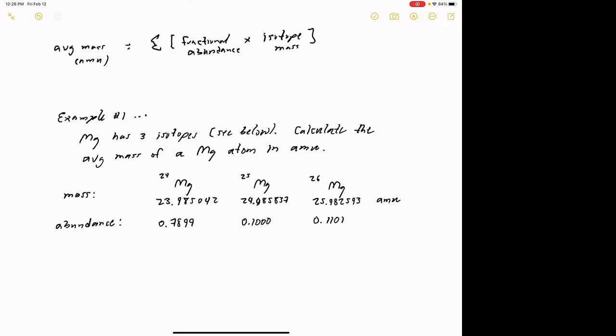All right, so what am I going to do? I'm just going to apply the equation that you see up above. I'm going to calculate an average mass for each one of these and sum them up. So we'll do it for magnesium-24 first.